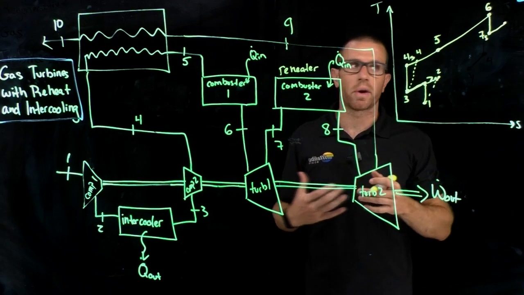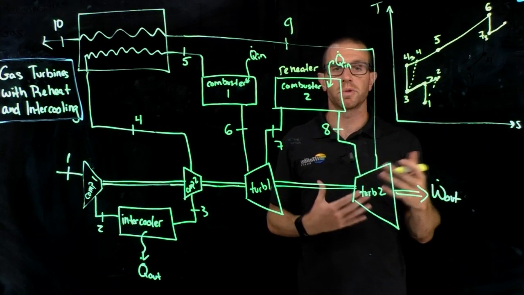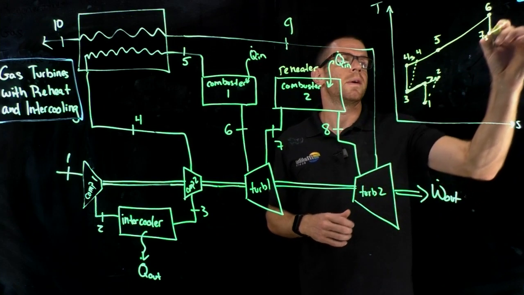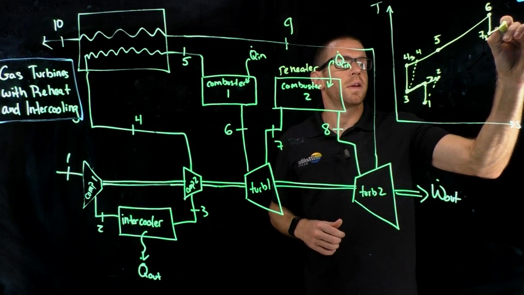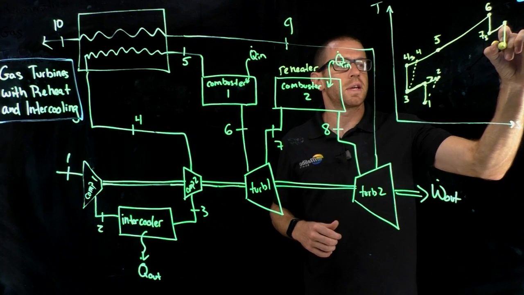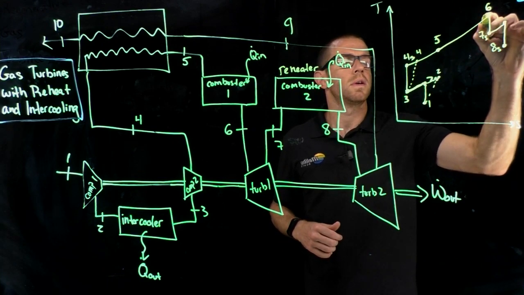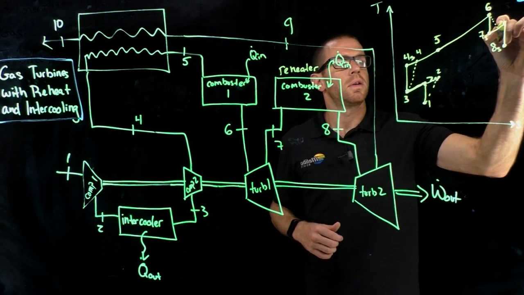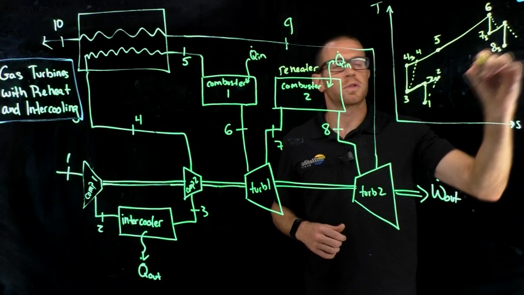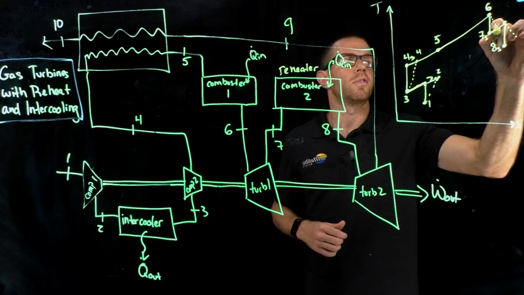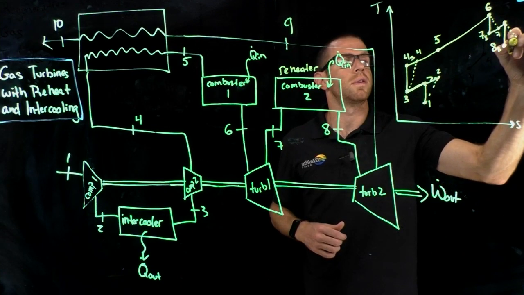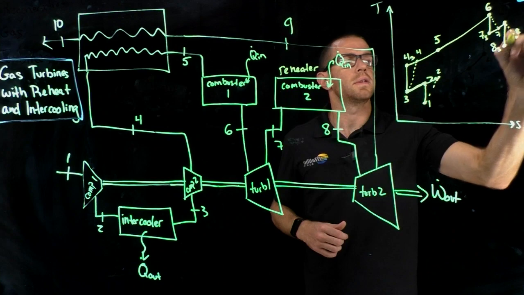I'm not going to draw it that way here, but at least we're achieving a higher temperature than we are at 7. And then again, second stage turbine down to 8S. So if we had irreversible processes, then we would follow these dotted lines to 7 and 8.